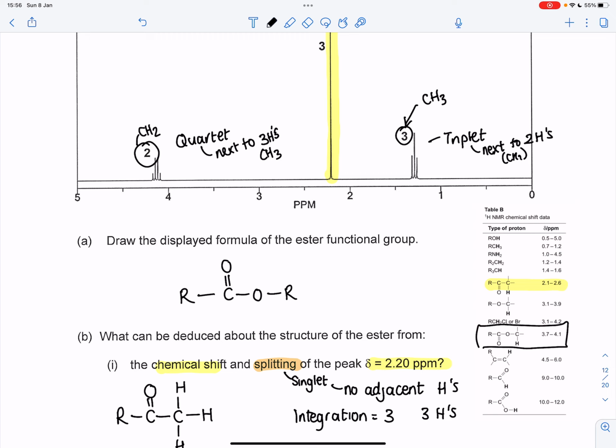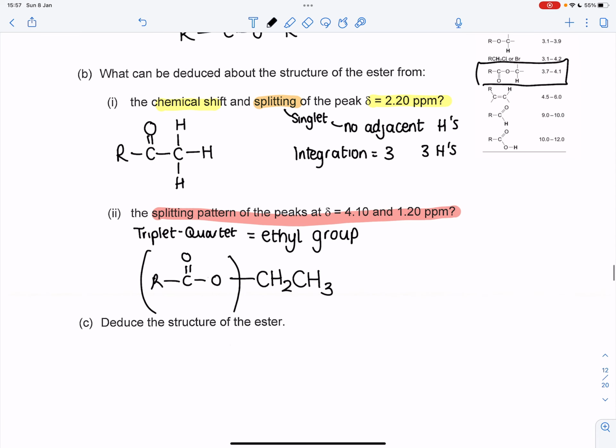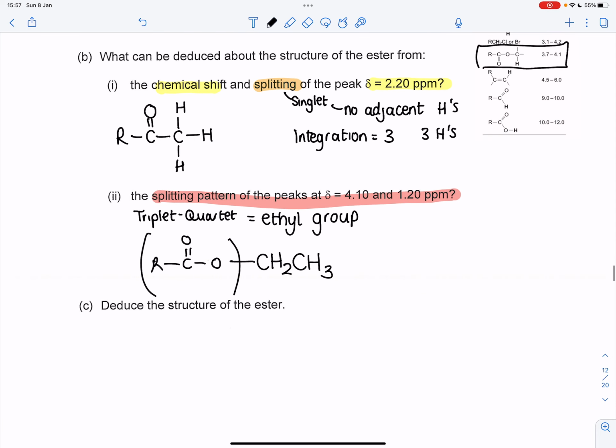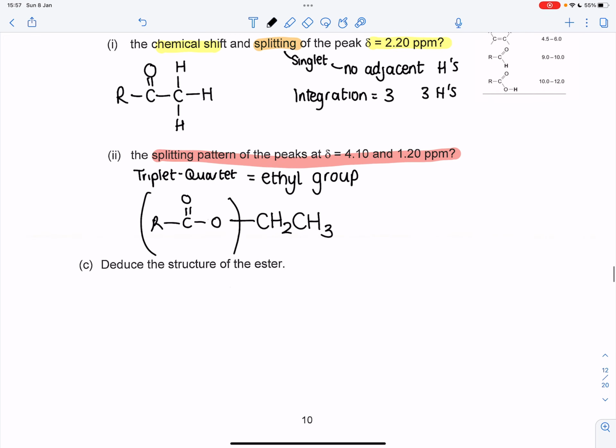So it's a CH3 next to a CH2. This is why the triplet quartet is an ethyl group, because it's a CH3 next to a CH2 and a CH2 next to a CH3. It's like doubly telling you the same information. So we know we've got an ethyl group on the O of our ester. We know we've got a methyl group on the C=O of our ester.